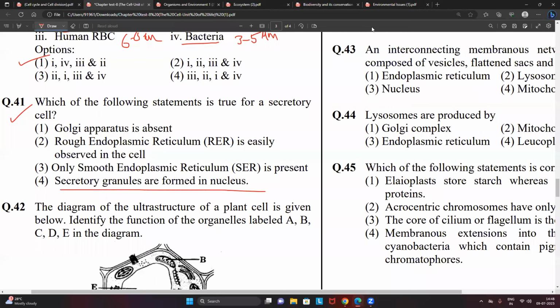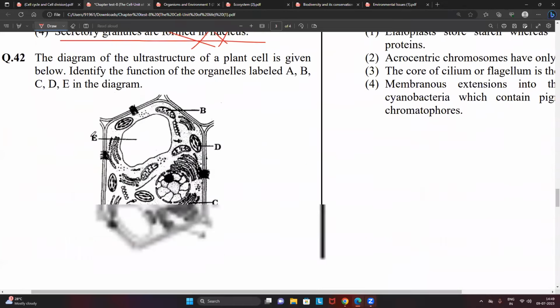I don't know where we can observe secretory granules. They're asking which of the following statements is true for a secretory cell. First of all, you should remove the nucleus option, because the nucleus is not at all part of the secretory component. The secretory component contains vesicles, smooth endoplasmic reticulum, rough endoplasmic reticulum, and Golgi apparatus. But if you look into the microscope, compared to the SER and Golgi apparatus, friends, you can observe the RER very clearly. Hence, option 2 is the correct option, right?